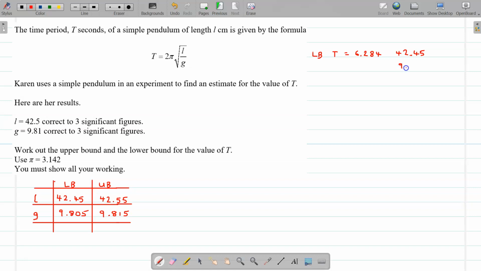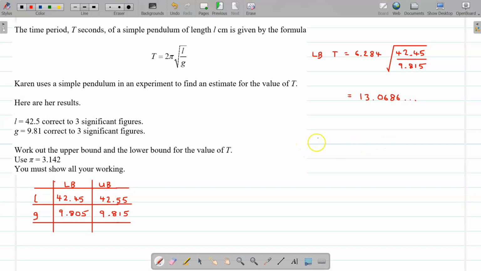Okay, and then we're going to put the square root sign and the fraction sign in there. Okay, so that's what we need to work out. Now we can put that on the calculator, of course, because it's a calculator paper, and that comes to 13.0686, and it goes on after that.